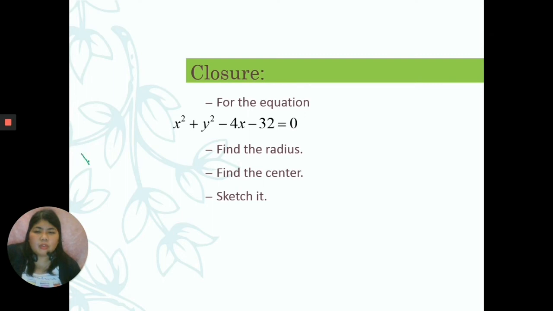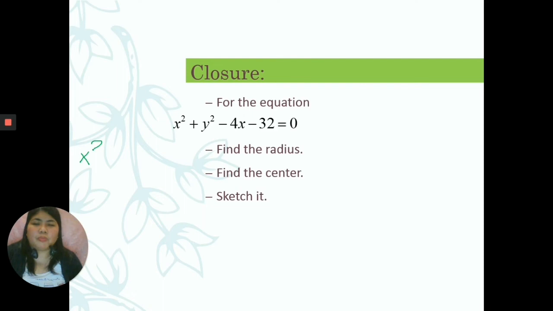I intended to let you answer this, but I decided to answer it because in my previous video I made this a closure question but I didn't post the answer, so I will now solve it for you to see the answer.